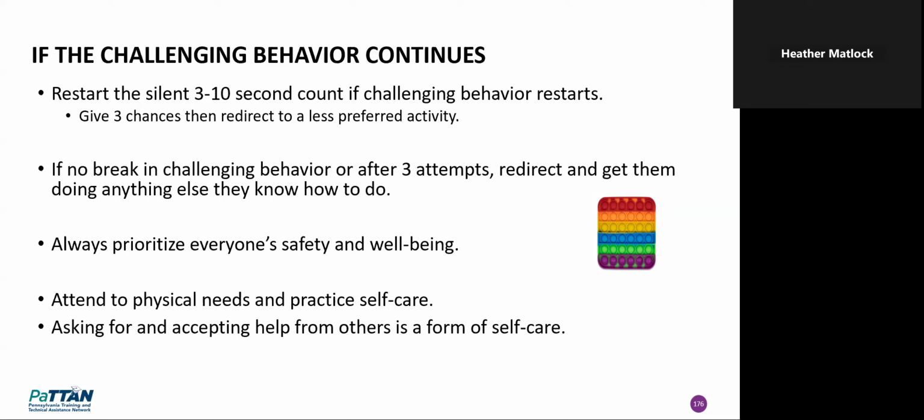Go back. You might redirect to something neutral and something slightly of value, or try to get your child doing anything else. All right, those fidget poppers, for example, they're not really something that my son will seek out.